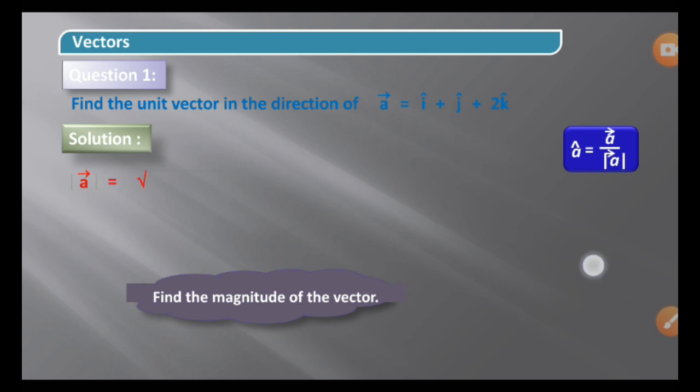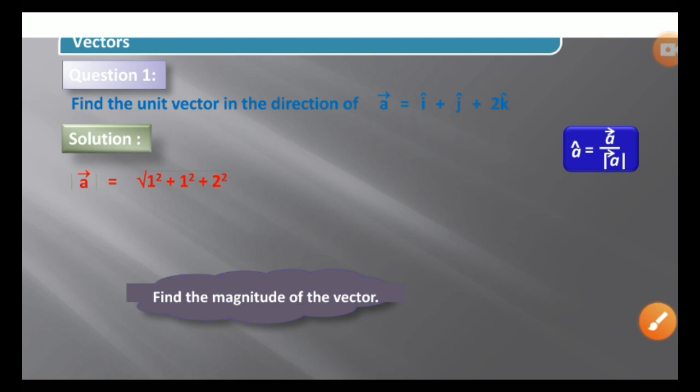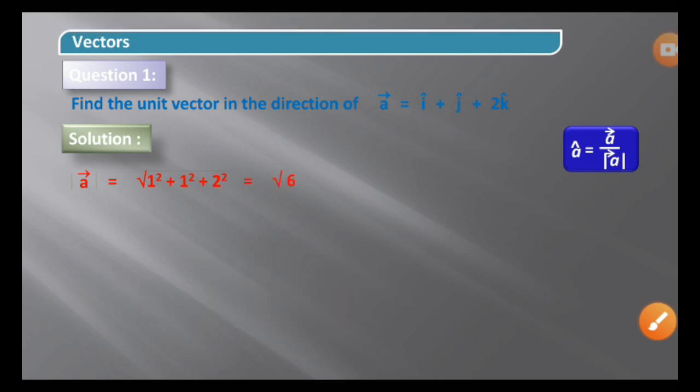The magnitude of vector A will be the square root of 1 square plus 1 square plus 2 square, because the coordinates of vector A are 1, 1 and 2. Therefore, the magnitude of vector A will be equal to square root of 6.